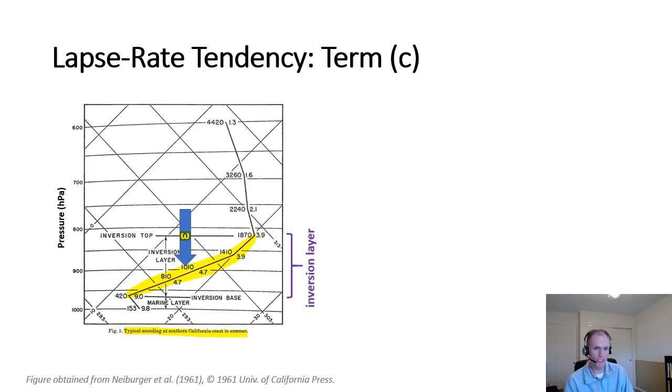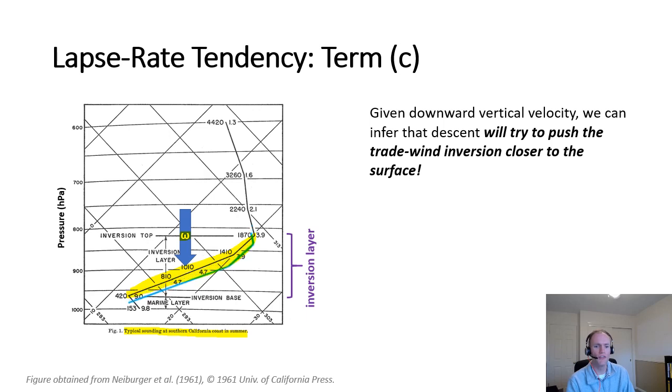So ultimately, in the most simplistic of conceptual frameworks, what this is going to do is try to push that inversion closer to the surface, as the animation with the blue line that I'm highlighting now here attempted to show. It's trying to push that layer closer to the surface. If you had ascending motion here, what it would do is try to lift it to higher and higher levels. So again, it's just trying to push features upward or downward.